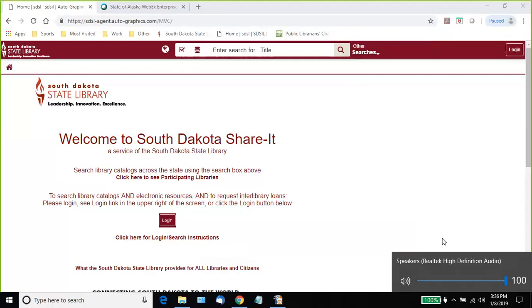We do have in place, not completely statewide, but it does go around the state, a courier service that the state library provides. But again, it does not serve every library in the state. So we do rely on the Postal Service quite a bit as well.